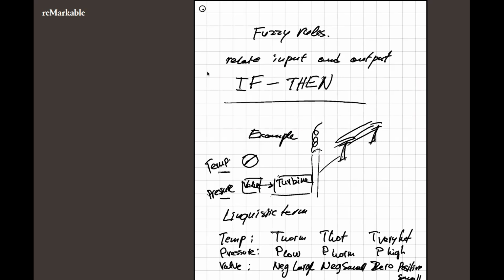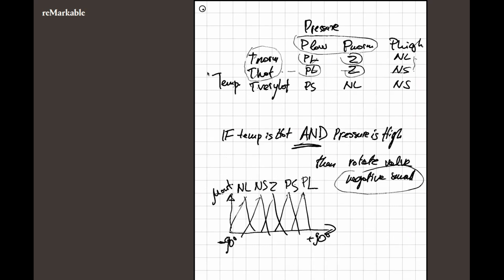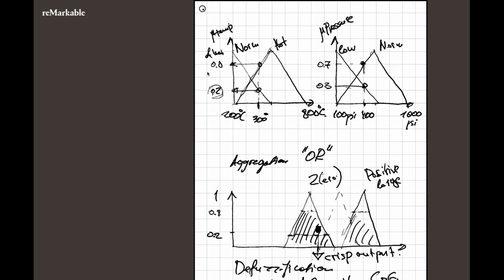On the other hand, the main drawback is that it's really expert specific, or at least this is highlighted as the main drawback of fuzzy logic controllers. So this is it. Fuzzy logic control. Any questions?